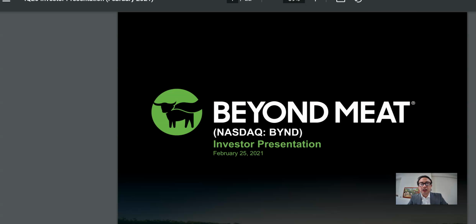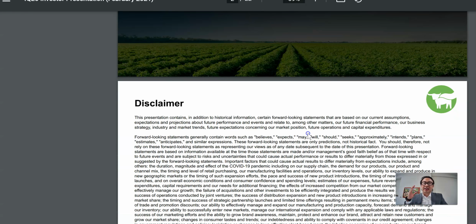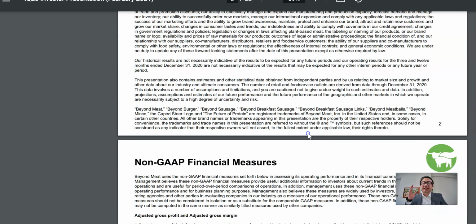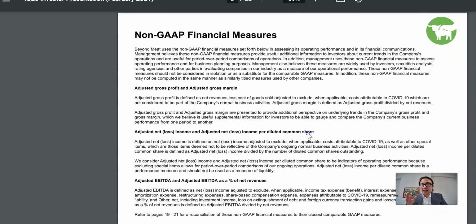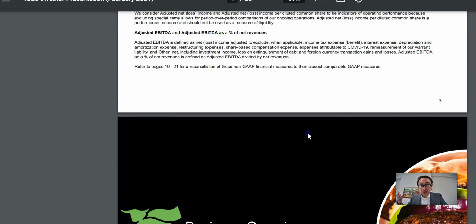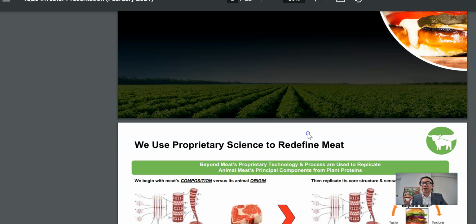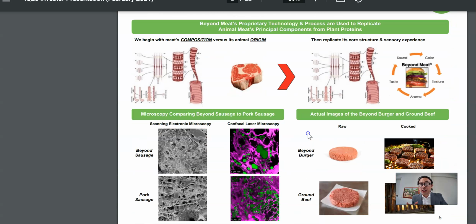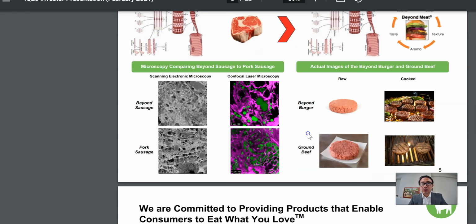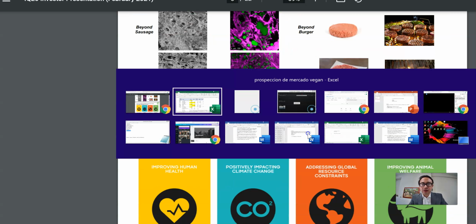For example, if we go to Beyond Meat, in the last quarterly report, we will find a lot of information about research and development, and the strategy about why they are hiring more people to administrate the increase in sales and expansion in other countries. So you will find a lot of information from public companies. That's why you should try to select a mix between private and public companies.